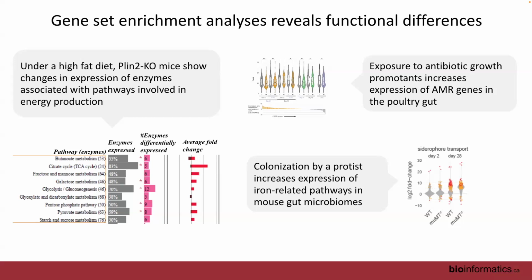We've used gene sets based on AMR genes, and we've done these statistical tests to identify significant groups of antimicrobial resistance genes that are elevated in response to the addition of these antibiotic growth promotants. I also mentioned this morning that when you colonize these mouse guts with this protist, Tritrichomonas musculus, we used these iron-related genes as a gene set to show that there is enrichment in some of these significantly differentially expressed genes associated with these iron-related pathways. So this can be a very powerful approach to actually identify whether your function is significant or not.